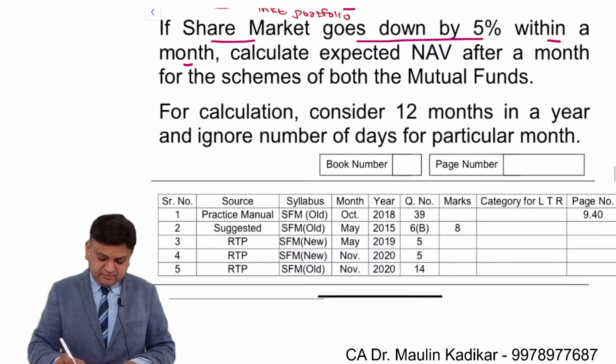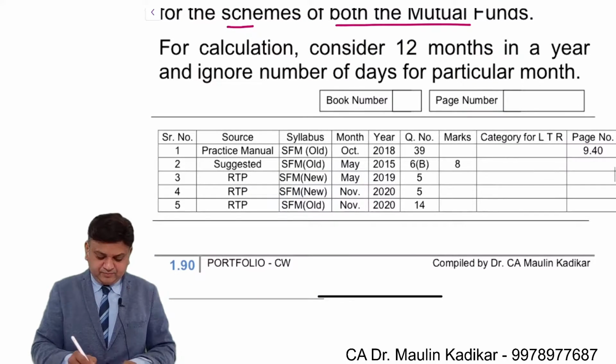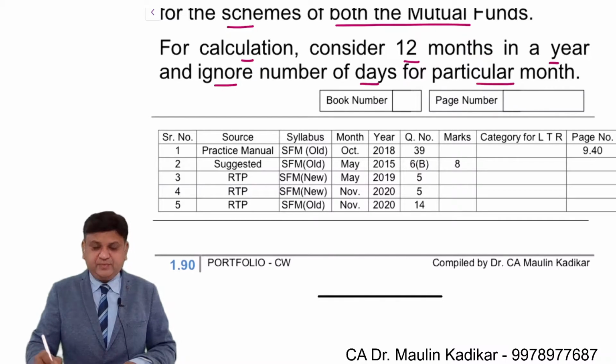Within a month, calculate the expected net asset value after a month for the schemes of both the mutual funds. For calculation, consider 12 months in a year and ignore the number of days in a particular month.